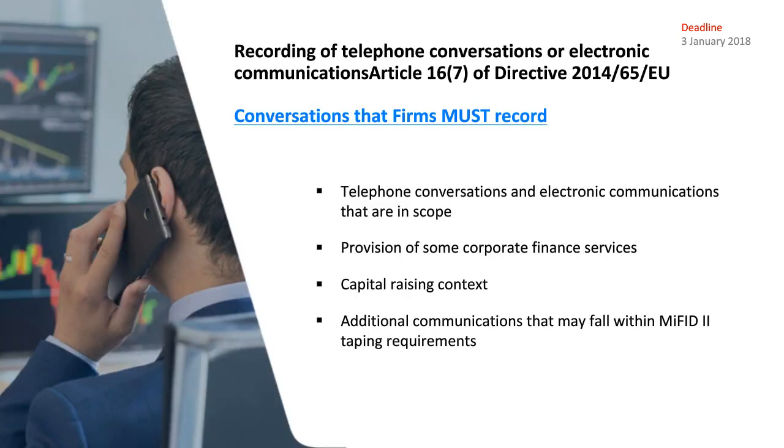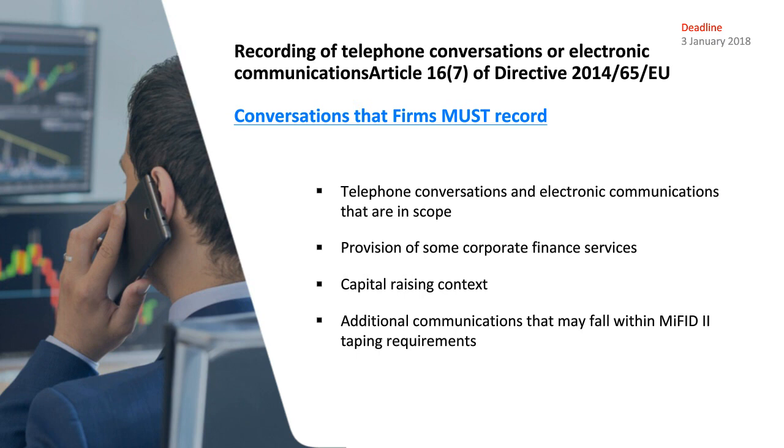So, looking a bit deeper, for those that weren't aware of Article 16.7 or those that won't be ready, what is the extension? What conversations now must firms record? So you can see on the presentation in front of you, firms must record conversations and electronic communications that are in scope of Article 16.7.